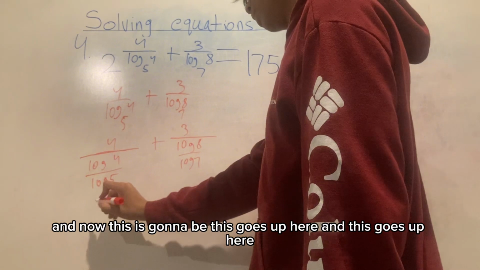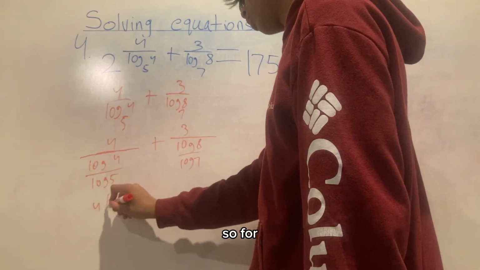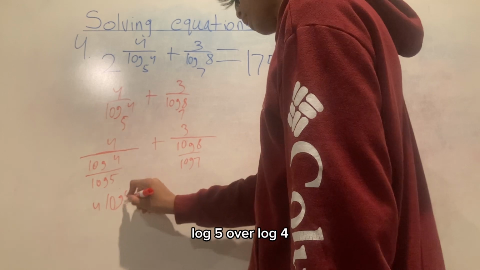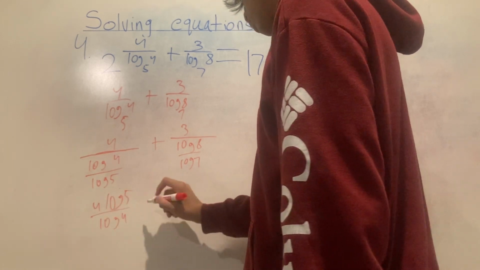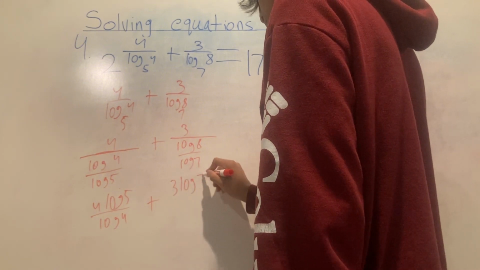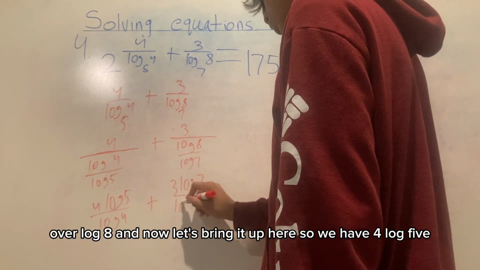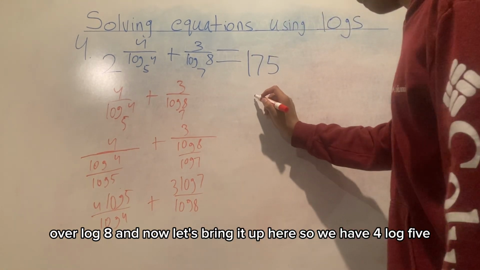And now this goes up here and this goes up here. So 4 log 5 over log 4 plus 3 log 7 over log 8.